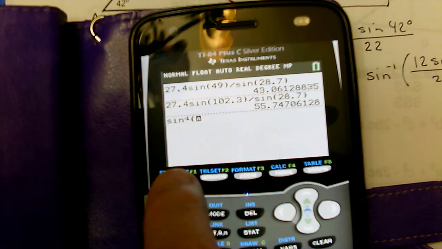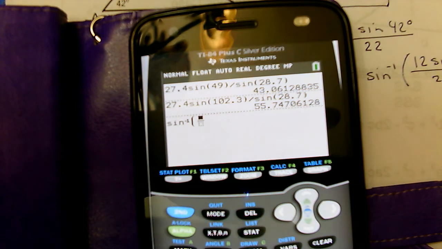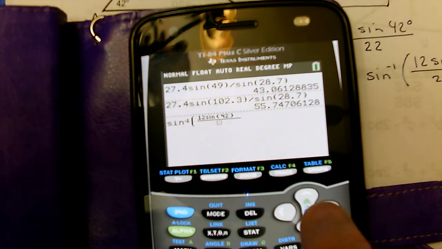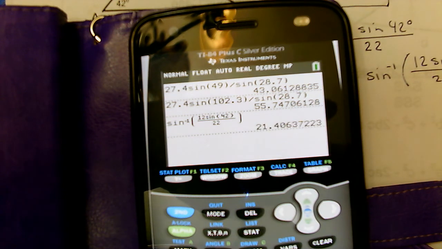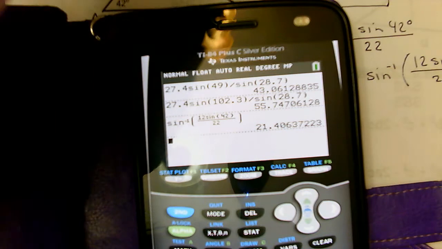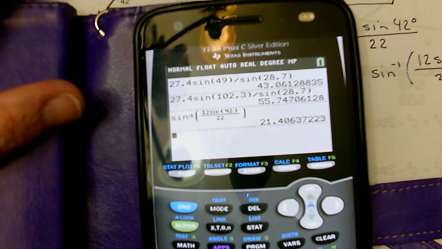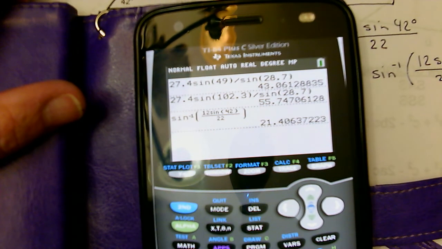Alpha y equals 1. There we go. 12 sine of 42, close the parentheses, over 22. And that gives me 21.406, so 21.406.